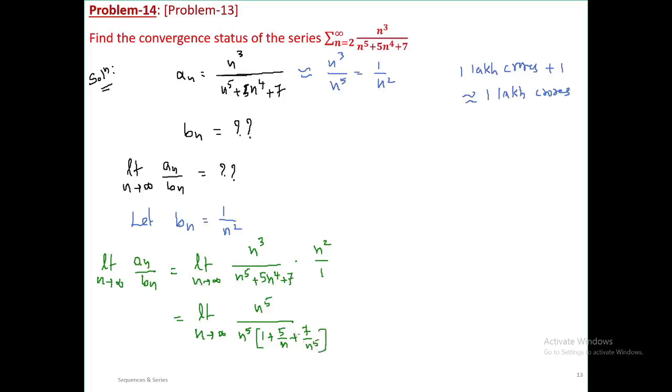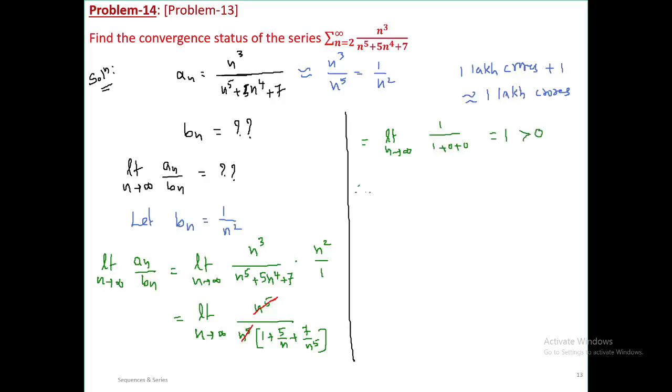So this n power 5 cancels out. Then the limit as n tends to infinity, you apply the limit: 1 by 1 plus 0 plus 0. So what will you get? 1. So 1 is more than 0, which is finite. So that is the first condition.